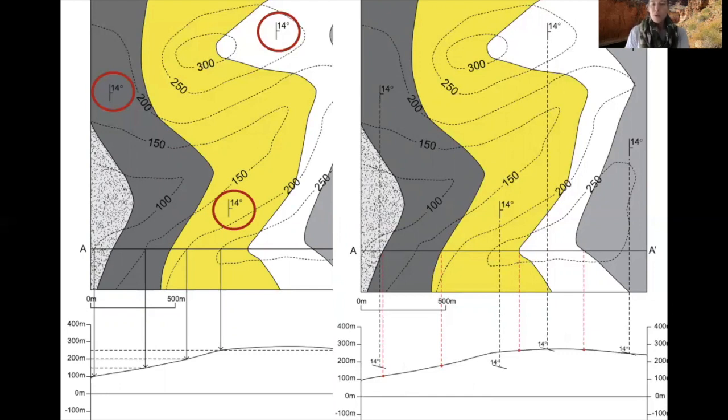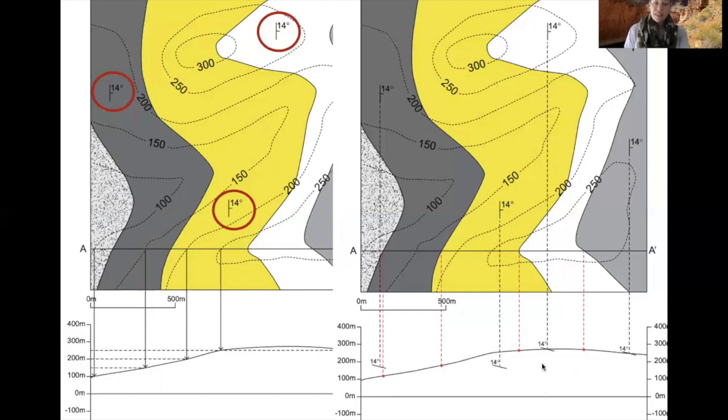Now we have a more reasonable place to use our dip information. So this measurement says the yellow rock is dipping at 14 degrees. In fact, all of them say they're dipping at 14 degrees. So what we want to do is take all of these dip measurements and measure 14 degrees down from horizontal at each of the contacts between the rock types.